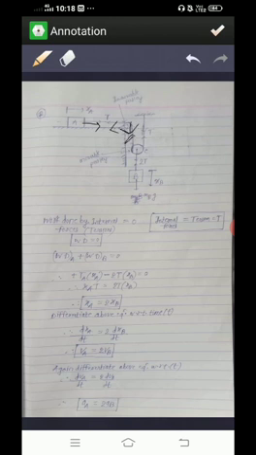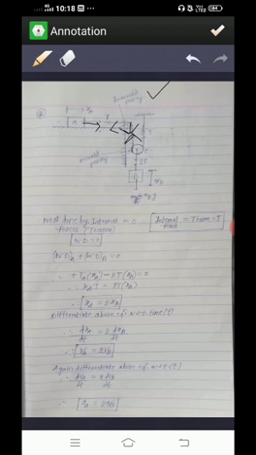Why are they the same? Because this pulley is immovable as well as frictionless. In the previous example we already discussed, if the pulley is immovable and frictionless, then the tension transferred from one side to another side is the same.